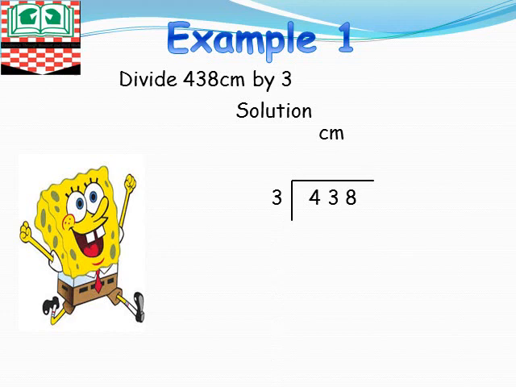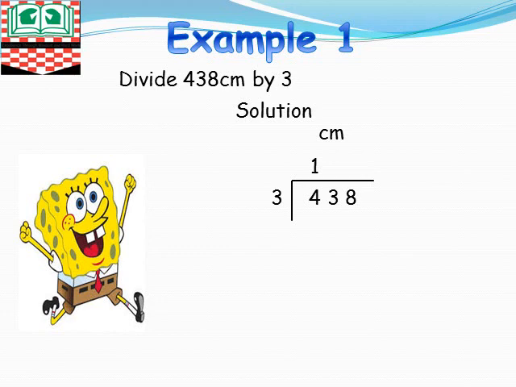Now we'll be starting from the left hand side. Let's start with 4 divided by 3. Always remember our answers must be on the roof. Now 4 divided by 3. How many 3's are there in 4? Just 1. You know we start with division.